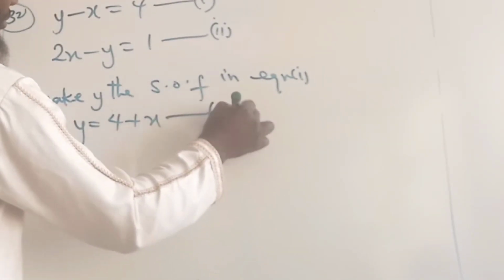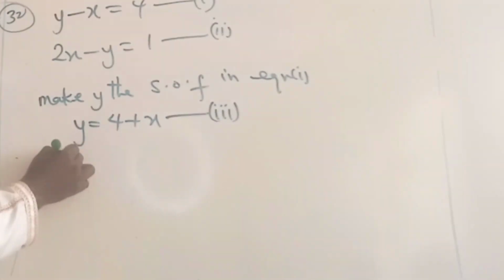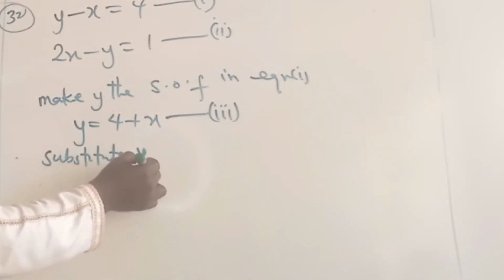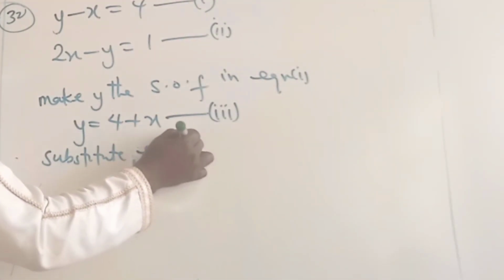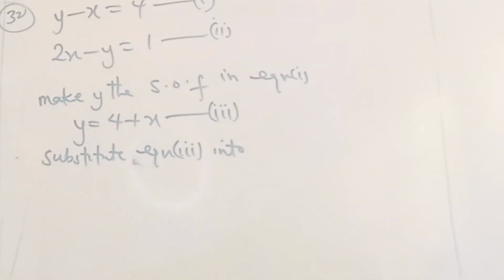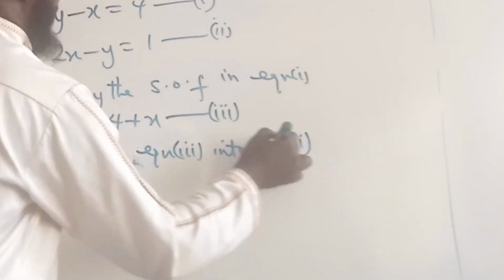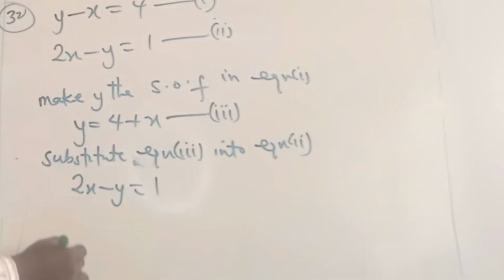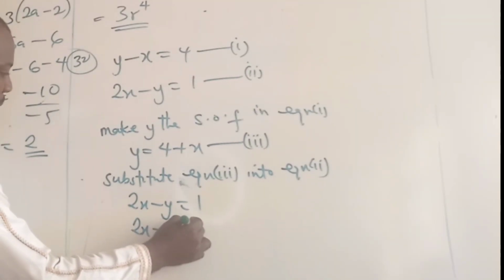This will give us equation what? 3. Am I with you? So we now substitute y equals, substitute equation 3 into what? Into which equation? Equation 2. So what's our equation 2? 2x minus y equals 1. So that means 2x minus, you open the bracket, 4 plus what?